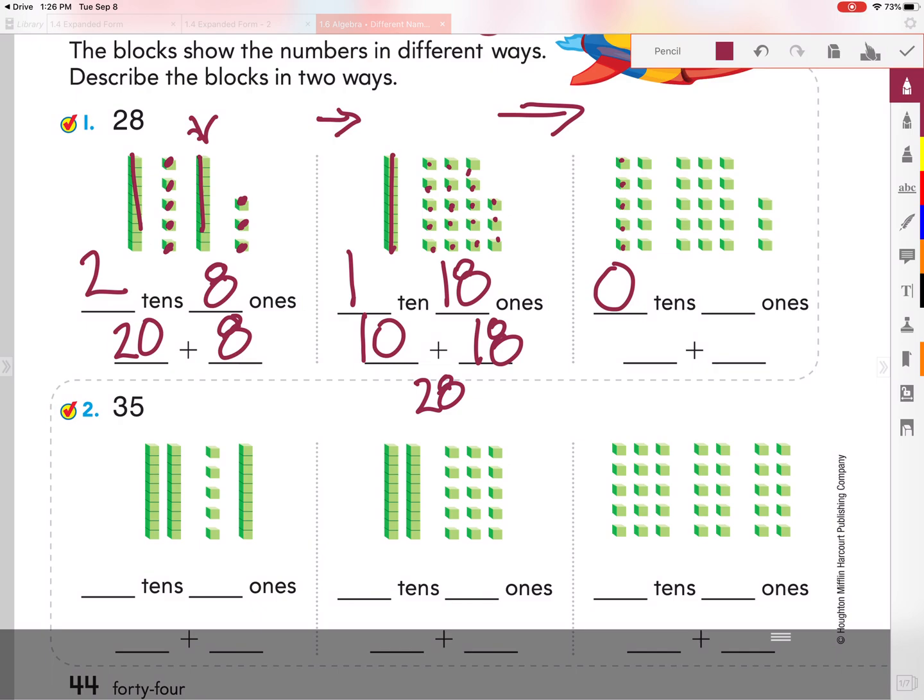There are no rods. But they've broken it apart and are showing it in singles. So I have 28 singles. 0 tens and 28 singles is still going to be the number 28.